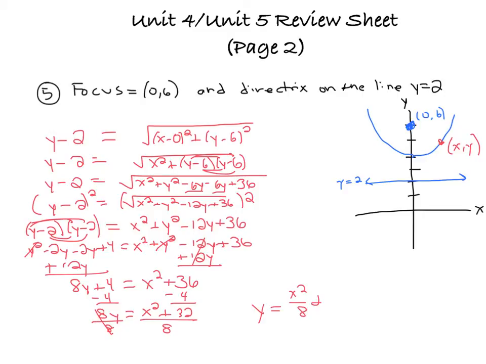And then plus, we also have to divide the 32 by the 8. So 32 divided by 8 would be 4. So we're left with y equals x squared over 8 plus 4. Or if you want, you could take that 1 in front of the x squared and write it as 1 over 8 x squared plus 4.